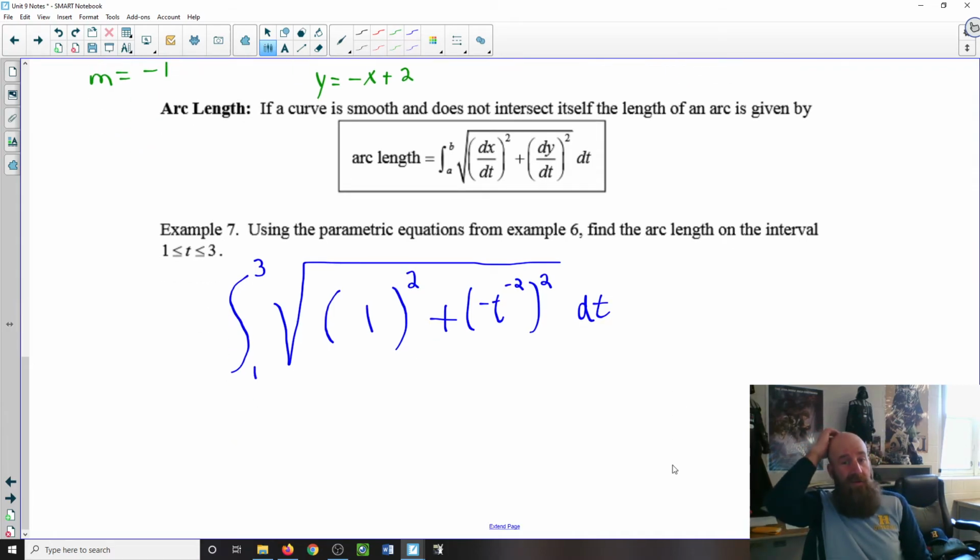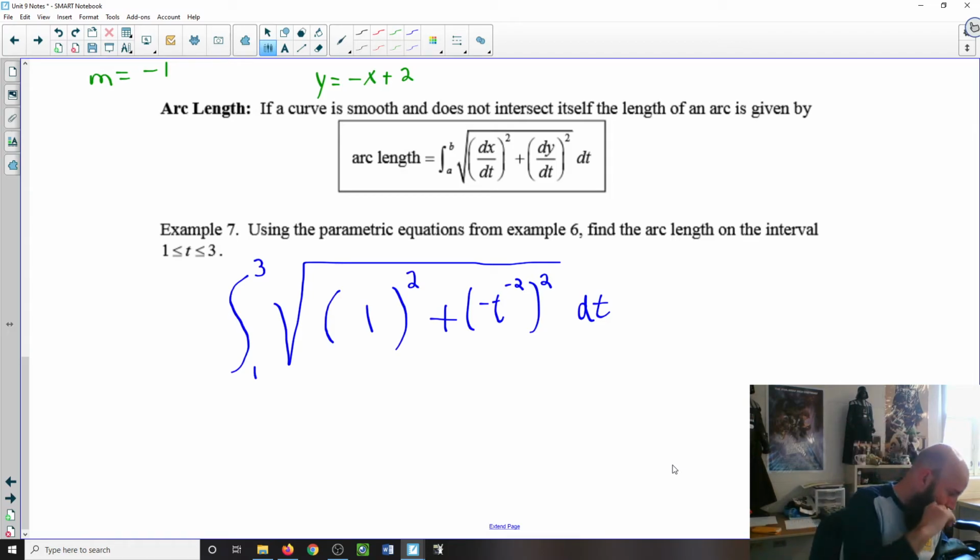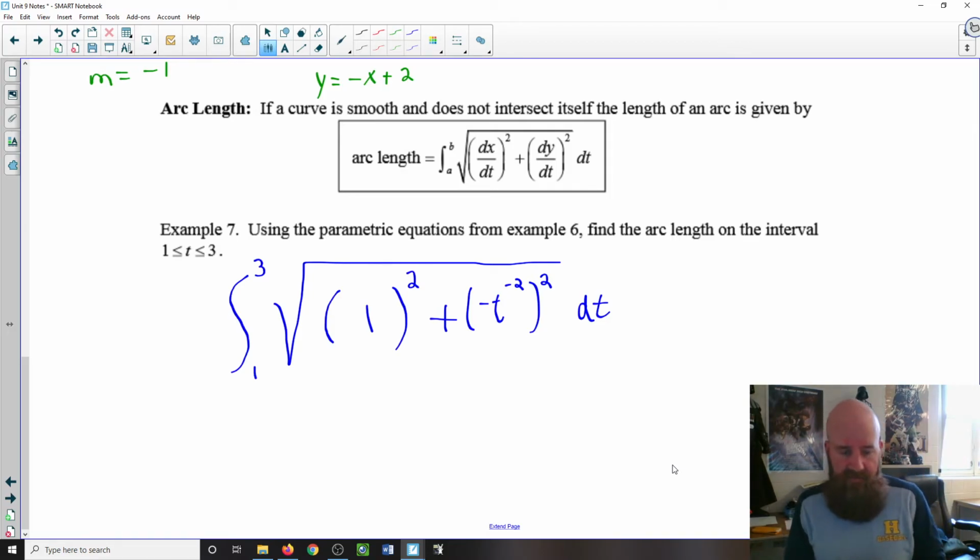And then from here, all we have to do is plug this into the calculator, which I have not done yet. So let's go ahead and do that. So you probably should try it yourself. Make sure you get the same thing that I get.